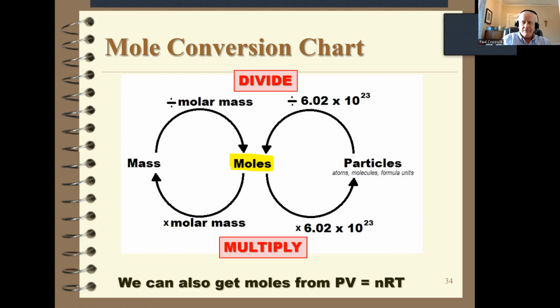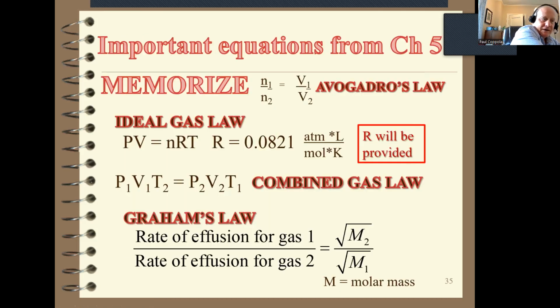Okay, slide 35. These are the important equations that you should memorize. Again, they're not that hard. Avogadro's law, n1 is to n2 as V1 is to V2. PV equals nRT. R will be given, and it'll tell you the units that the other variables should be in. And as I say, sing this in the shower: P1 V1 T2 equals P2 V2 T1.